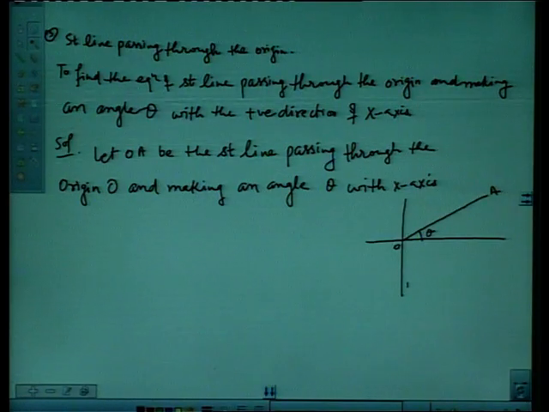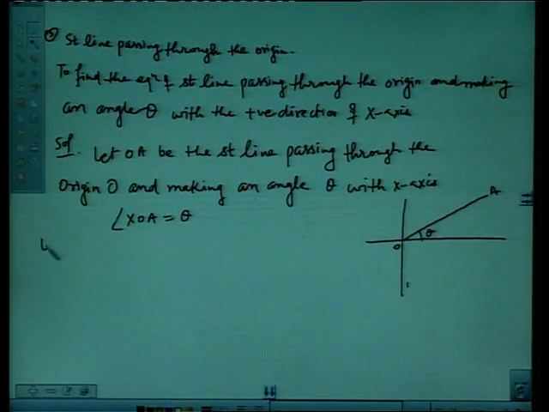Let this line OL pass through the origin and make an angle theta with the positive direction of x axis. We can say XOA is theta.